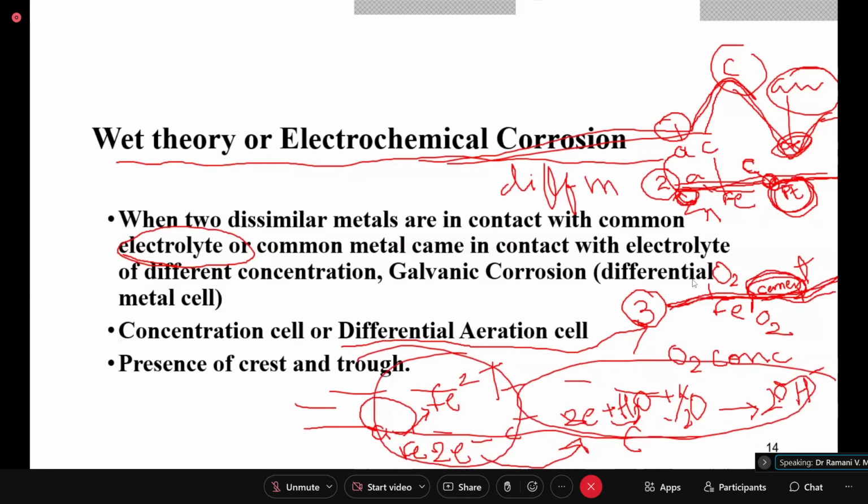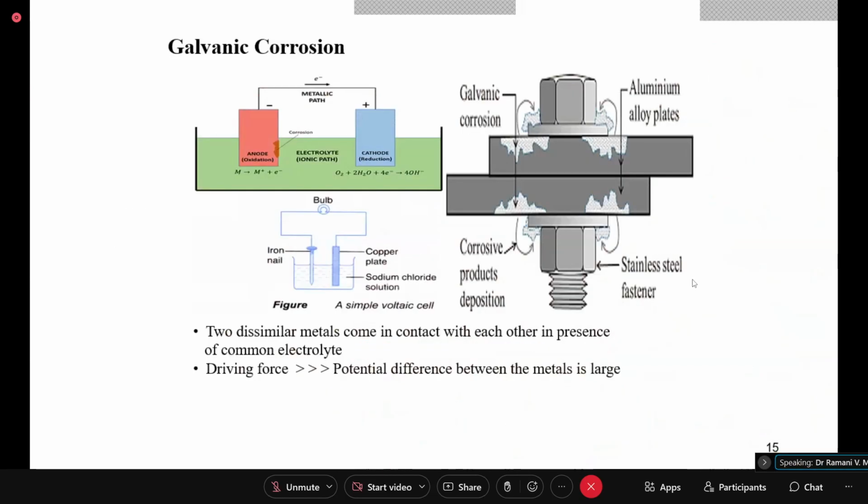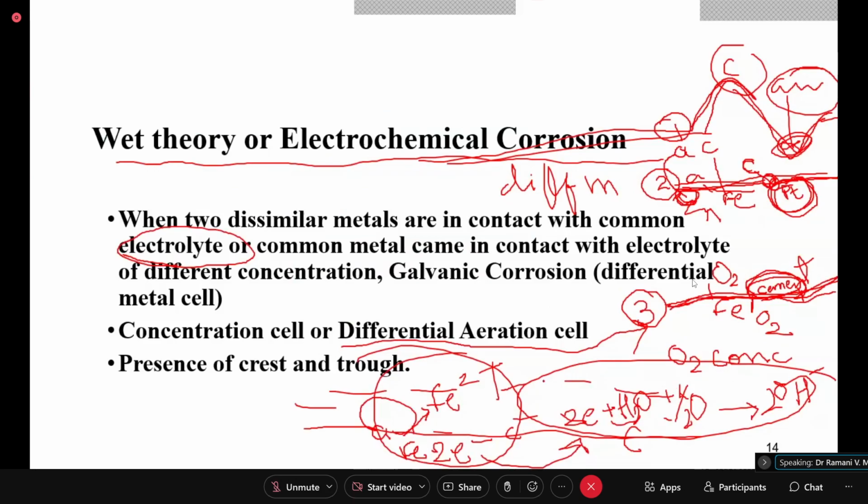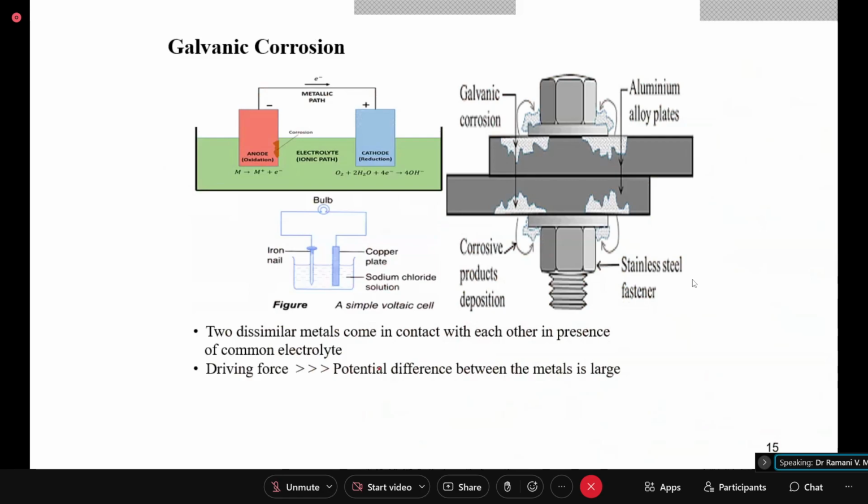Under such conditions, the Fe2+ will come from the anode side, and the 2OH minus will come from the cathode side, and it will lead to formation of Fe(OH)2, and that is the rust formation taking place.